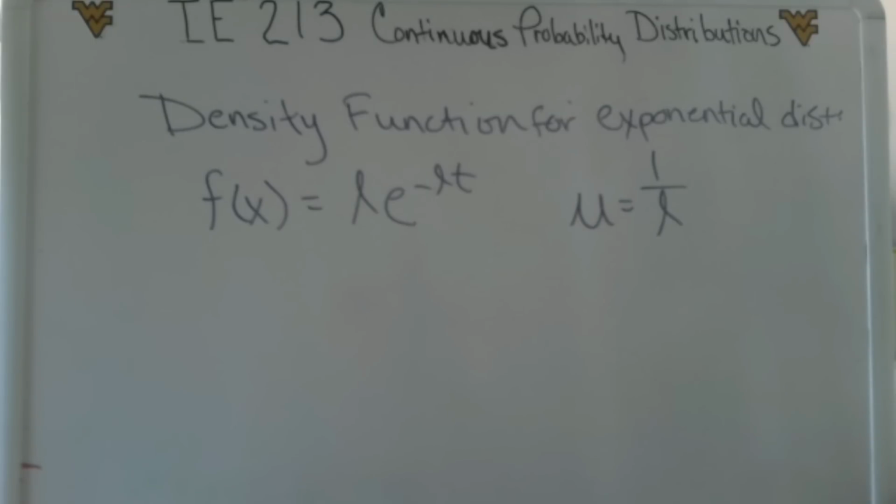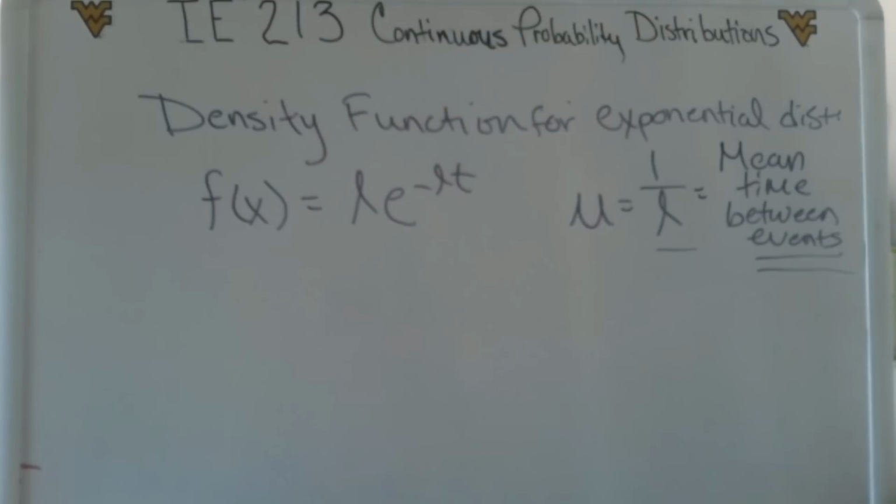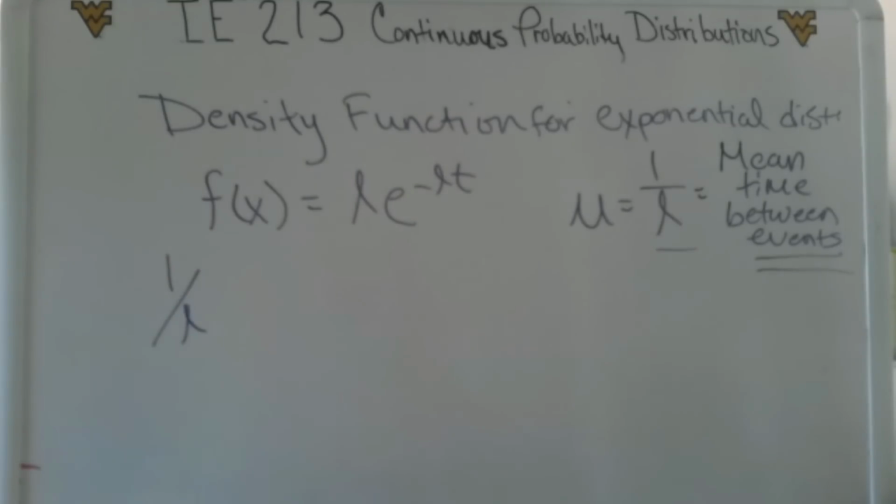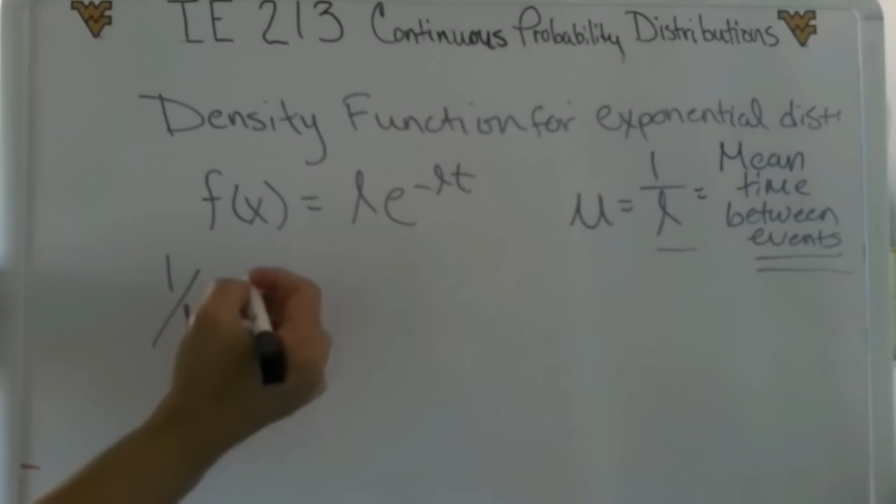From Chapter 5, you should recall it is often said that the Poisson distribution has no memory, implying that occurrences in successive time periods are independent. The important parameter 1 over lambda is the mean time between events. In reliability theory, where equipment failure often conforms to this Poisson process, 1 over lambda is referred to as mean time between failures.